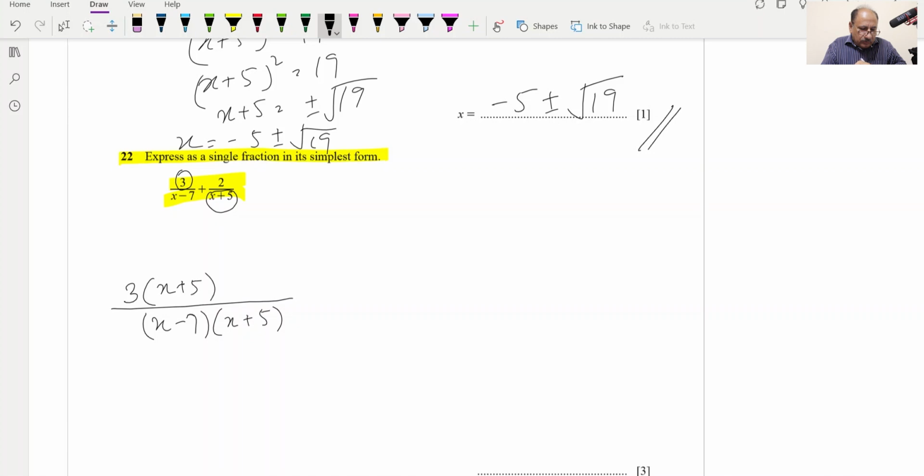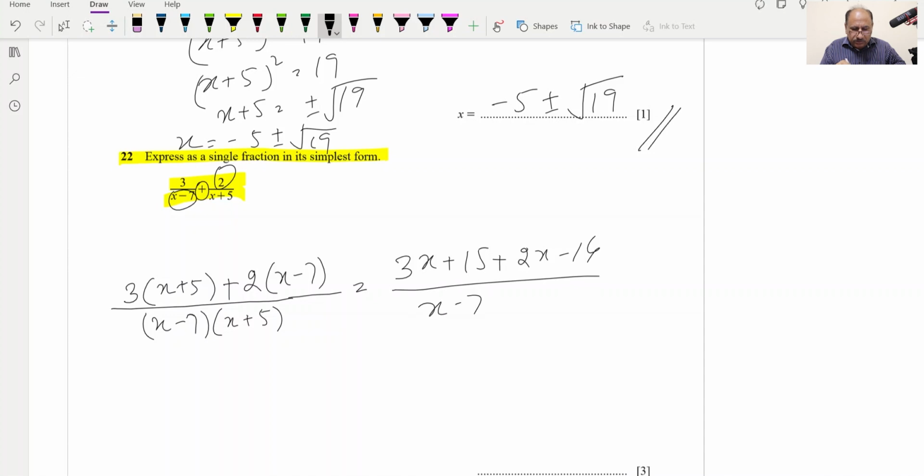Next step, we will copy the sign, so plus here, and 2 and x minus 7, so 2 into x minus 7 in brackets. The same procedure you will be following, and we can open the brackets in the numerator, so it will be 3x plus 15 plus 2x minus 14, over this will be x minus 7.